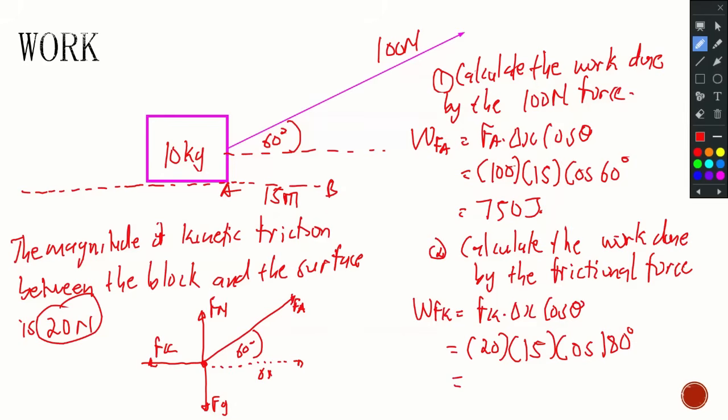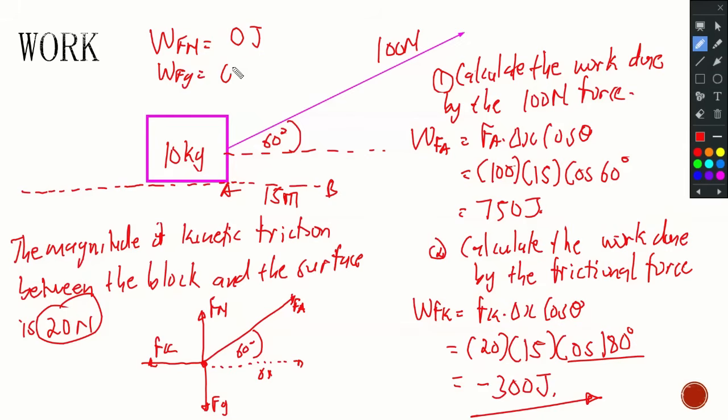So this will give me 20 multiplied by 15, and then multiplied by the -1 from cos 180. So that's -300 joules. Awesome. So basically that's what we have right there. And then still again, work done by the normal force would be 0 joules. Work done by the gravitational force would be 0 joules, right? So work done by force applied is 750 joules, and then work done by Fk is -300 joules.